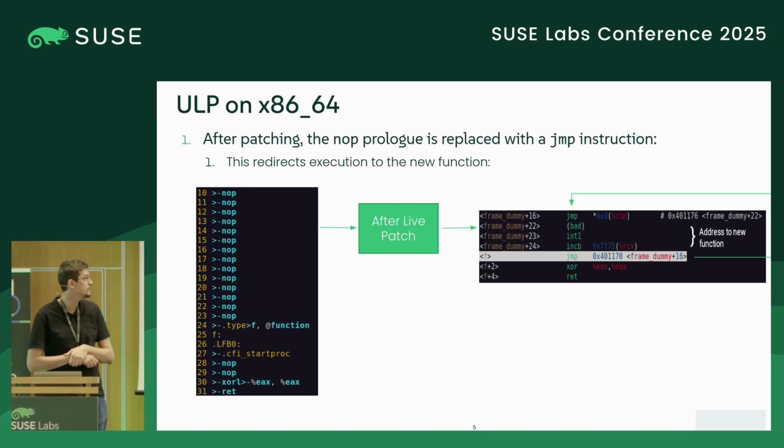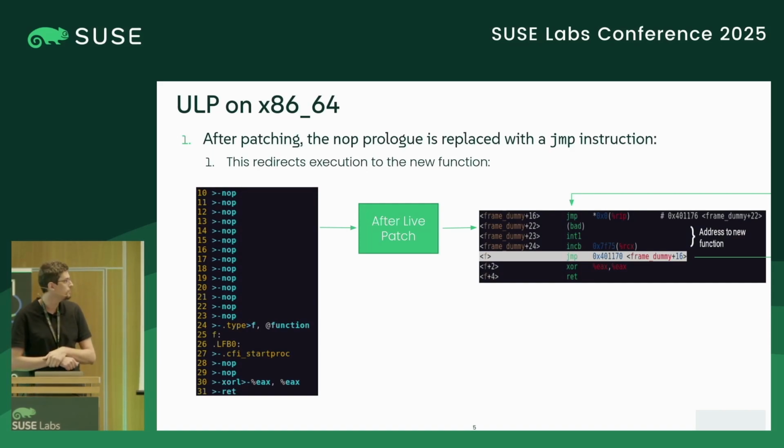As you can see, GDB is showing garbage instructions because that's not an instruction, that is a function pointer. If you execute this code, it goes straight to our new function.